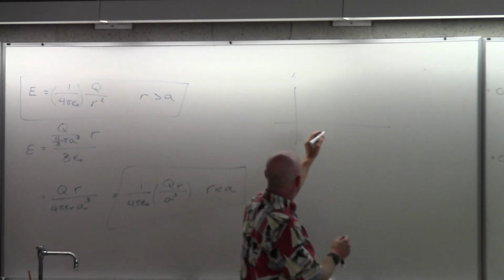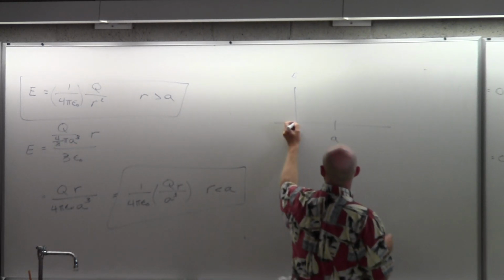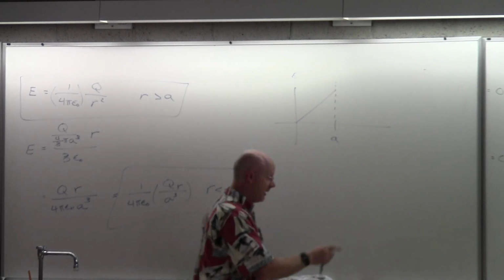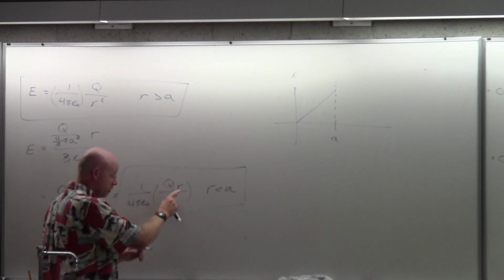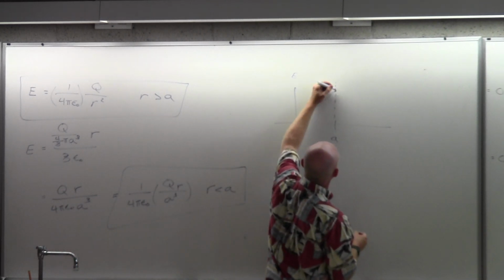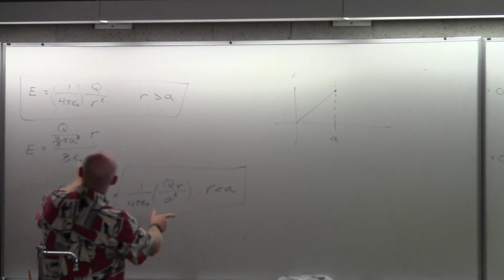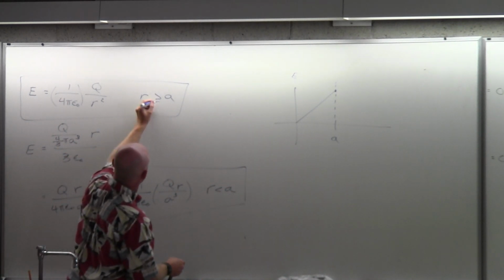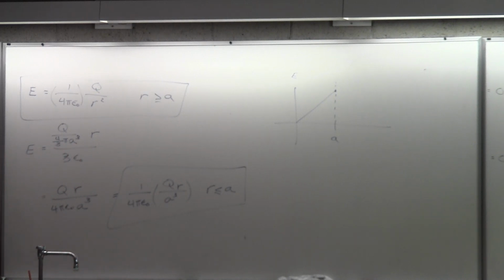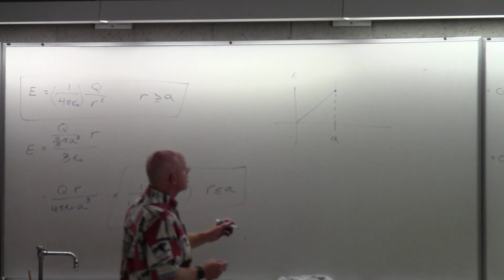So inside the ball, I would see a linear relationship to the electric field, right? The electric field gets stronger with R. When I get to the surface, either equation would be valid, so maybe I could even put greater than or equal to with less than or equal to, and I'd get the same value at the surface.